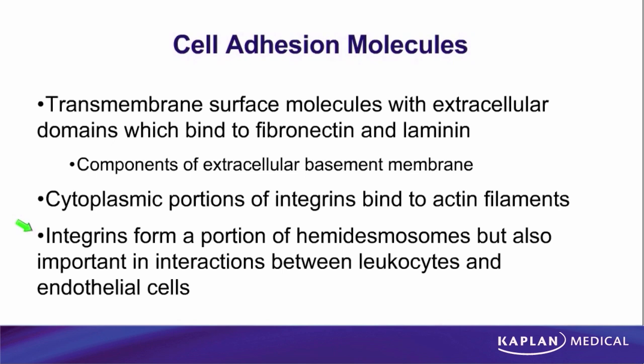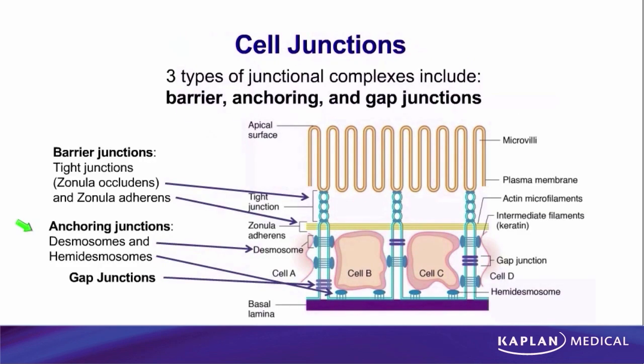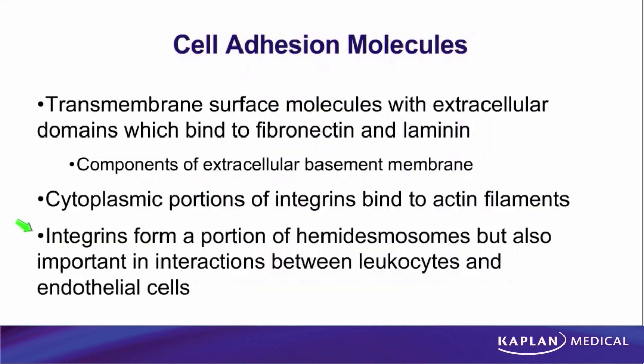So we want to have cell adhesion molecules be able to turn off and then turn on again at another time. And so we're going to see cell adhesion molecules as an important component of embryonic development.